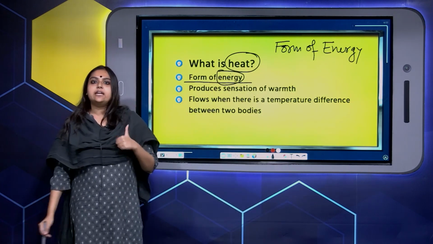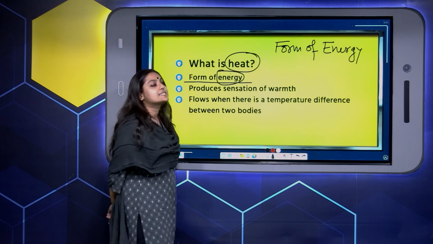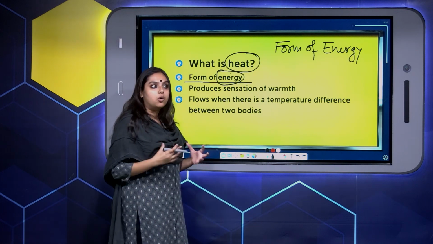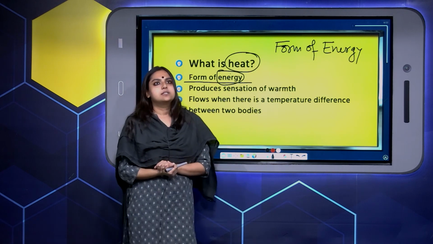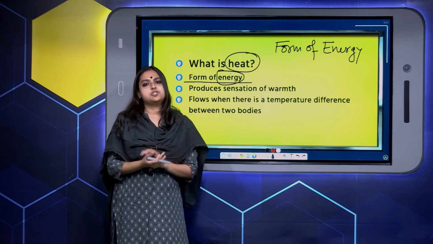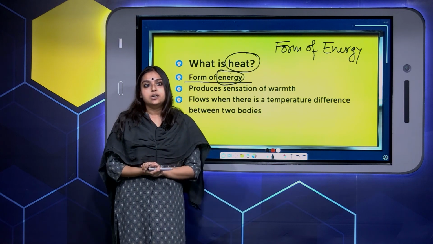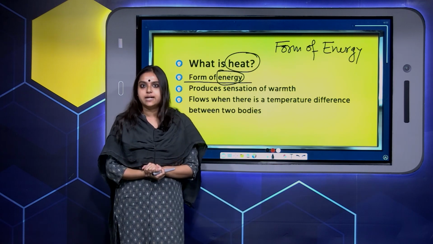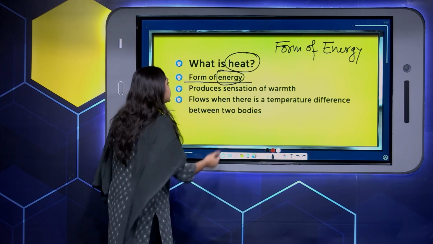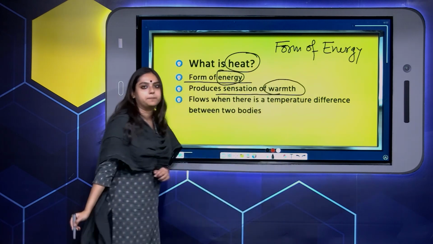What is the second point that we know about heat? It creates a sensation of warmth in a body. Suppose, think about a situation you are having fever. When you have fever, you feel that there is hotness in your body, right? So, it gives a sensation of warmth in a body.